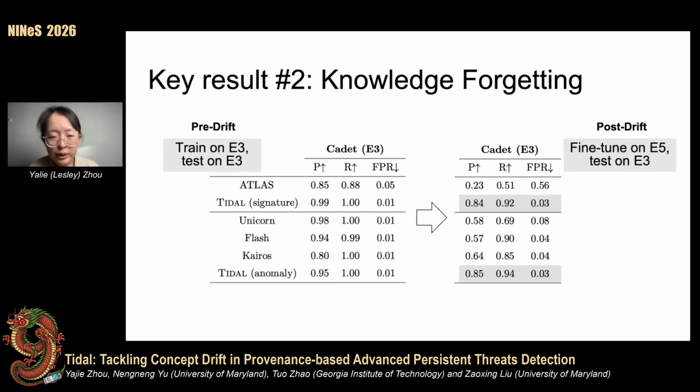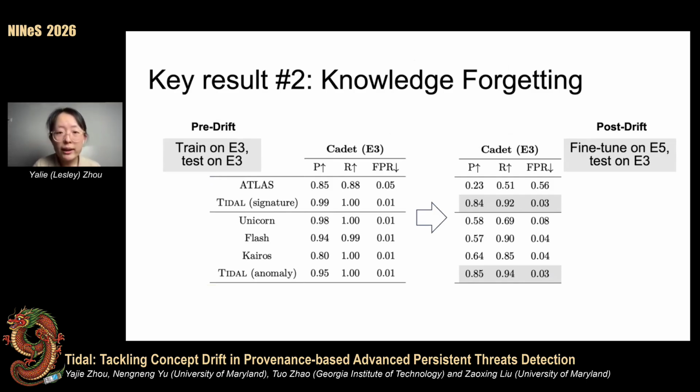And the second key result here is we also want to check if these different fine-tuned methods forget the previous knowledge. If you look at the table on the left here, which is trained on E3 and tested on E3, then every model's performance looks pretty good. It's around 1.0.